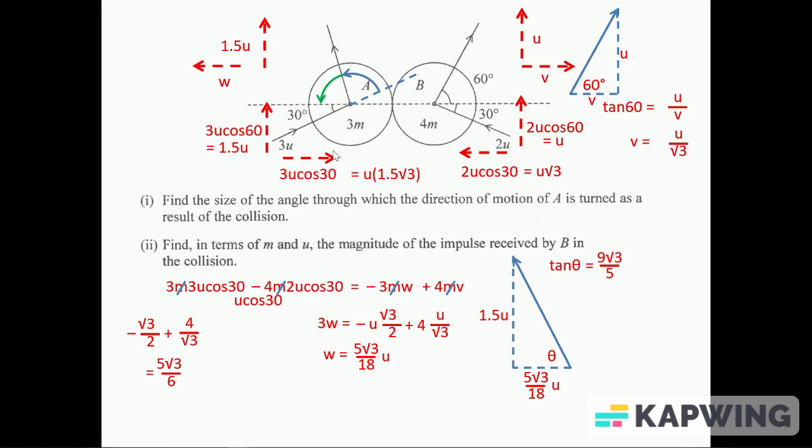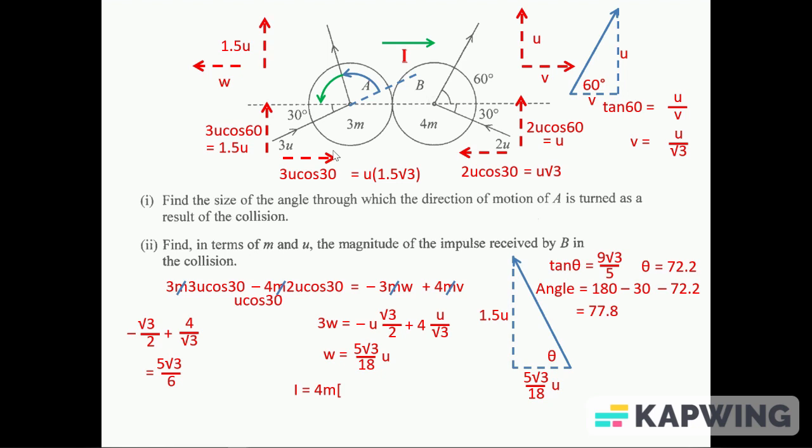If you can stick that in your calculator, it's 1.5 times 18 over 5 root 3, which simplifies to 9 root 3 over 5, giving an angle of 72.2. The angle we want, though, is 180 minus that and the 30, which gives us an angle of 77.8. There we go.